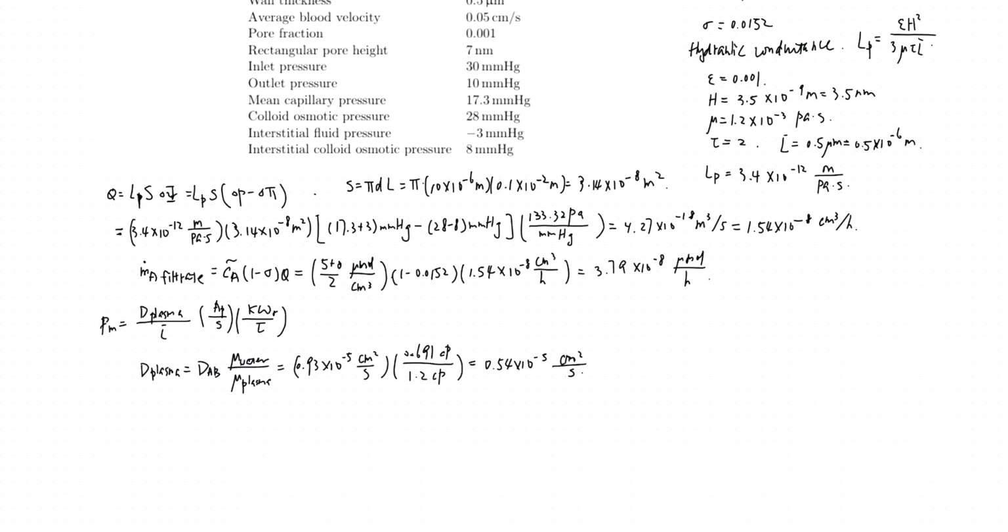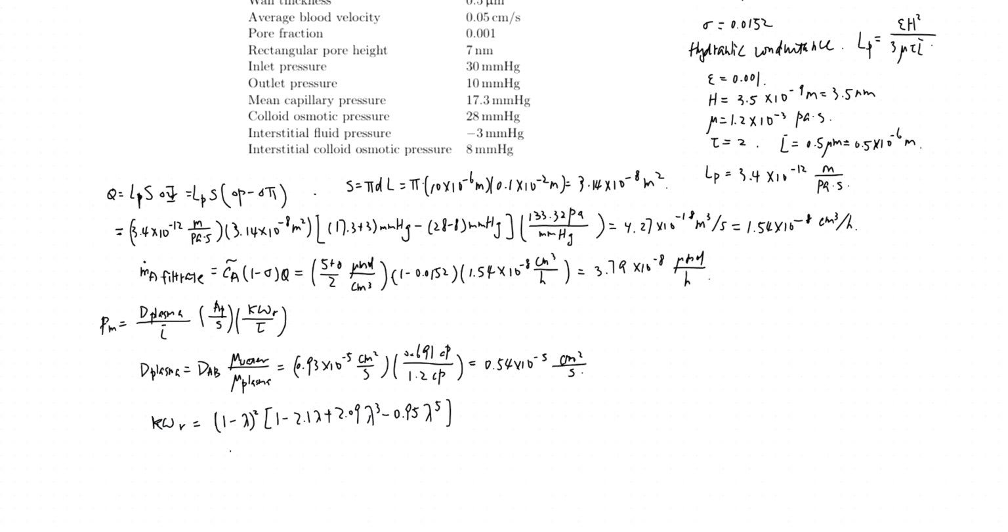We also need K multiplied by omega. We also had the equation which we call the Renkin equation. It is 1 minus lambda squared multiplied by 1 minus 2.1 lambda plus 2.09 lambda cubed minus 0.95 lambda to the fifth.